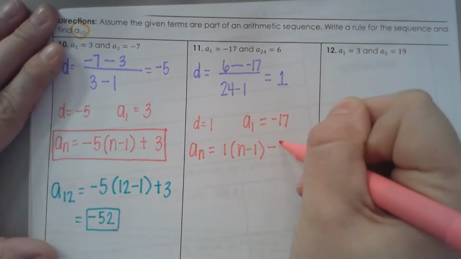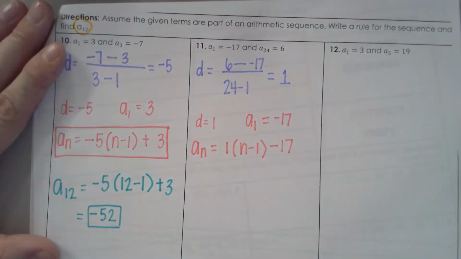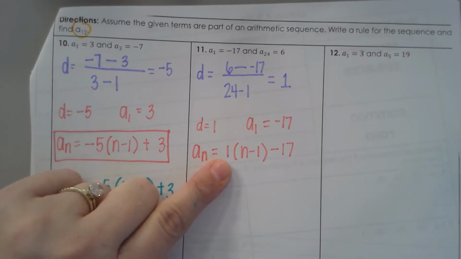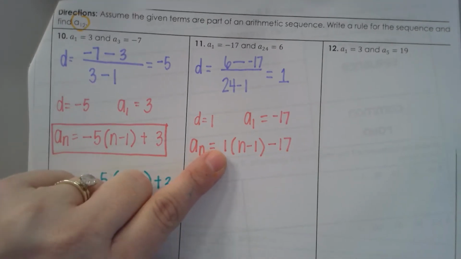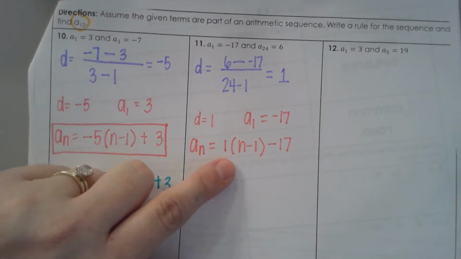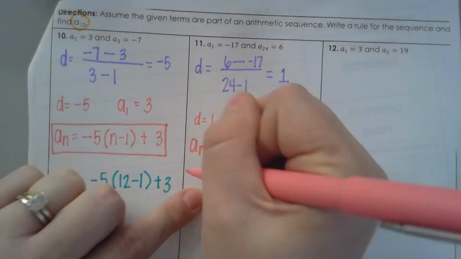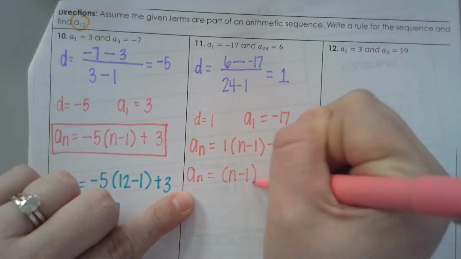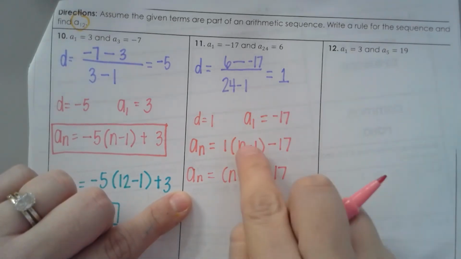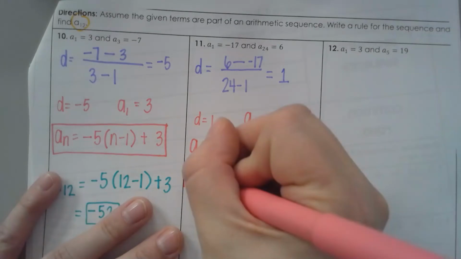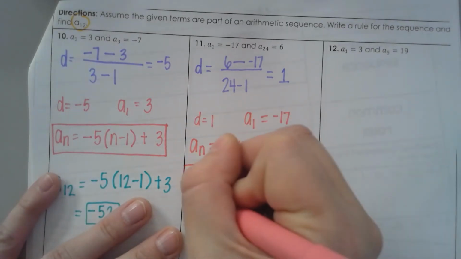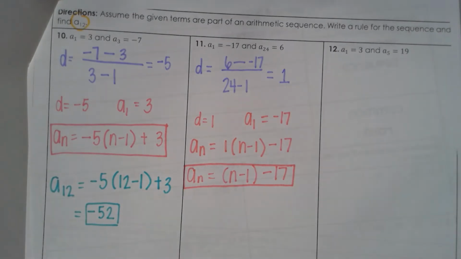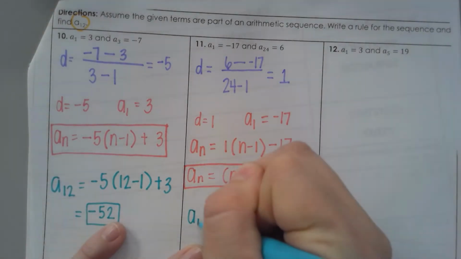And then minus 17. If this were a multiple choice test, you would not see the 1 in front because it's unnecessary. So it's not wrong if you write it, but I need you to recognize that those are the same. So then I'm going to find the 12th term.